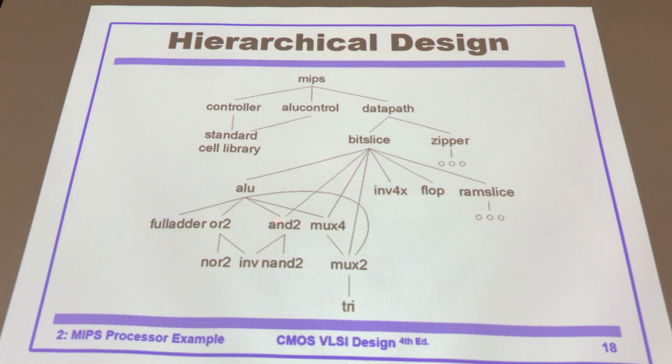For the AND gate, 2-input NAND gate, you need an inverter and a 2-input NAND gate. So some components can be shared. You can have many copies, especially the inverter gate layout. And the 4-input multiplexer simply uses 2-input multiplexers to build the 4-input multiplexer. They might need tri-state switch, and so on and so forth.